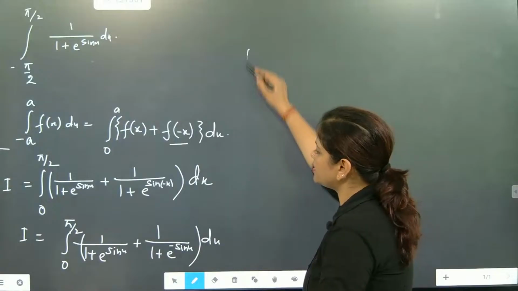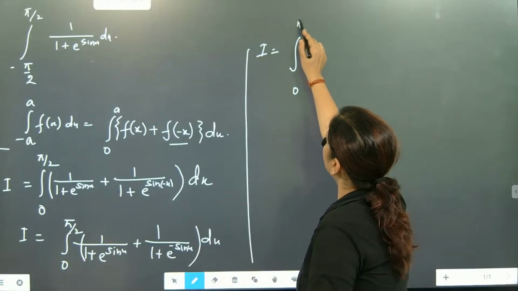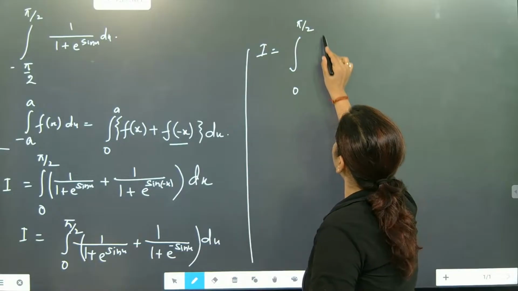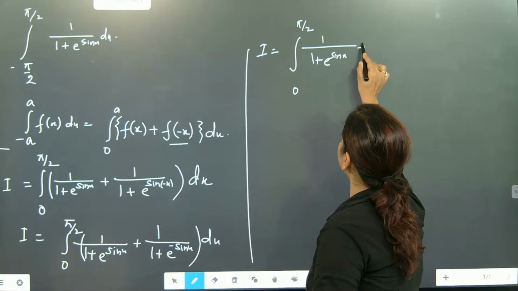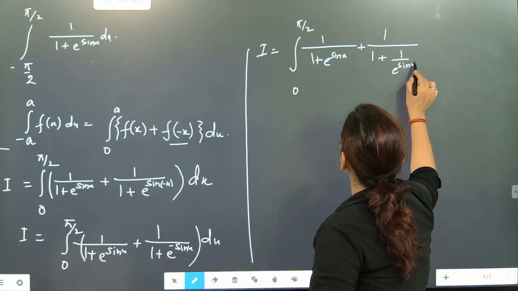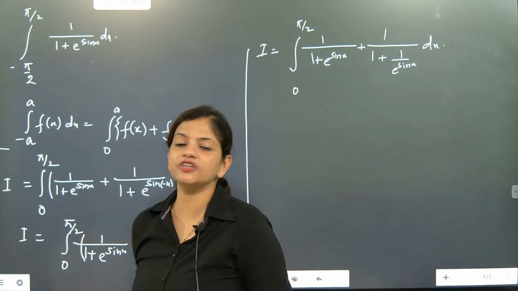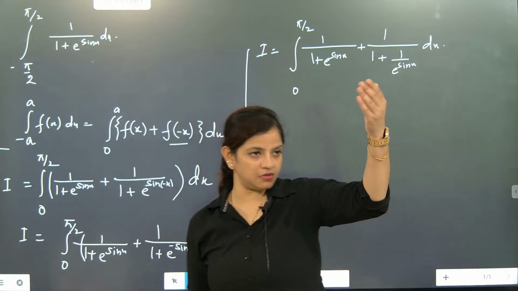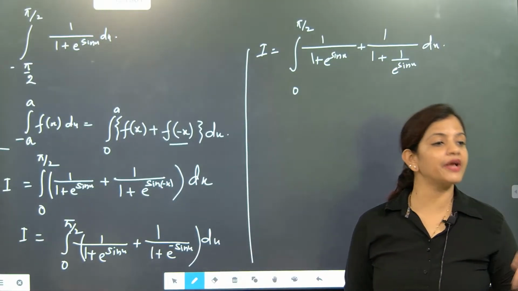Come on, check this one. I is equal to the integral from 0 to pi by 2 of 1 by 1 plus e to the power sin x plus 1 by 1 plus 1 by e to the power sin x dx. So the negative part, how have we converted into positive? By converting the minus exponent into a fraction, we put it down, and it becomes plus.